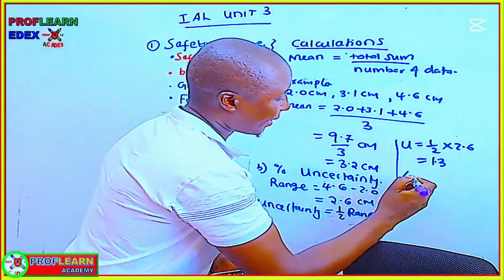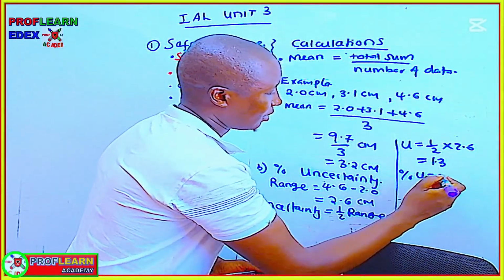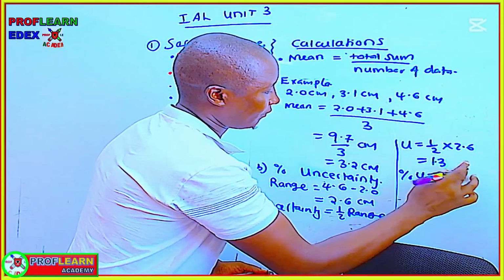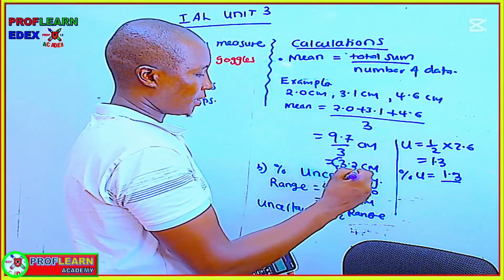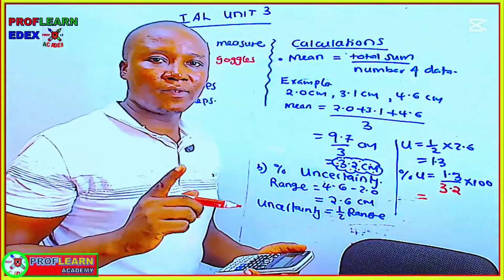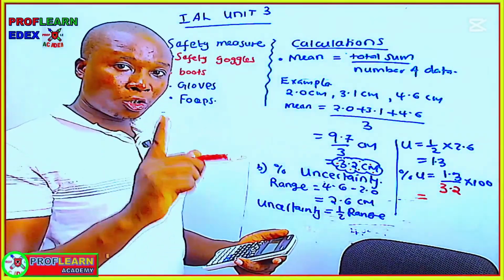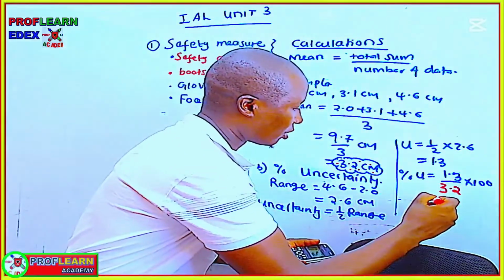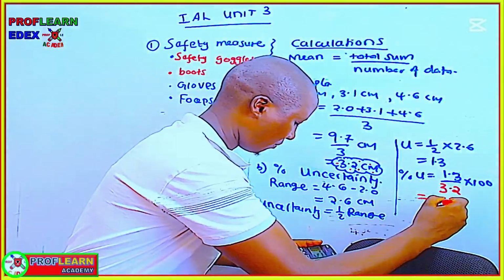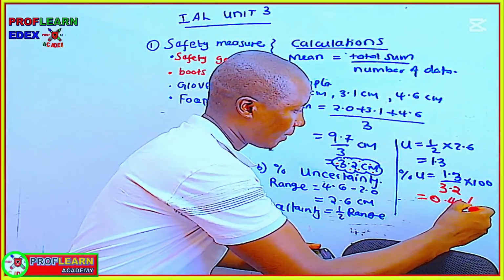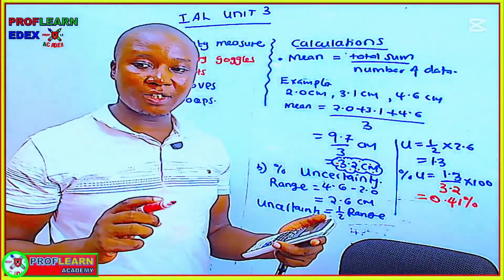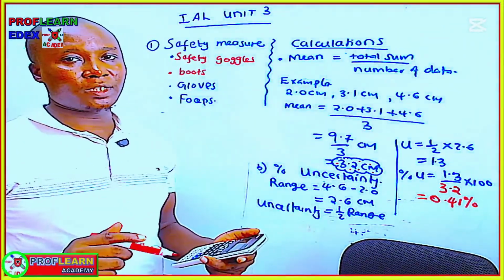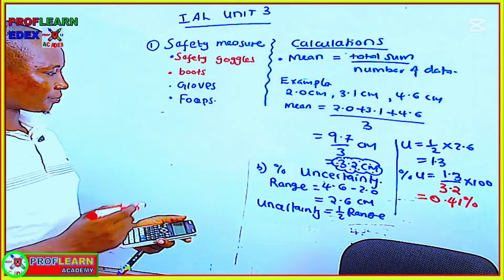So this is going to reduce to 0.41%. Your answer should either be one significant figure or two significant figures when you are giving the answer.